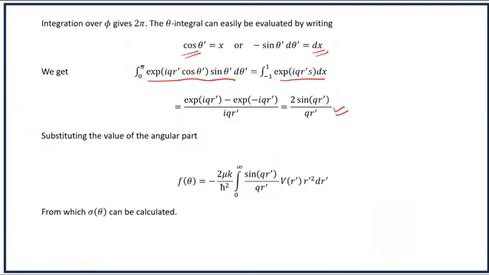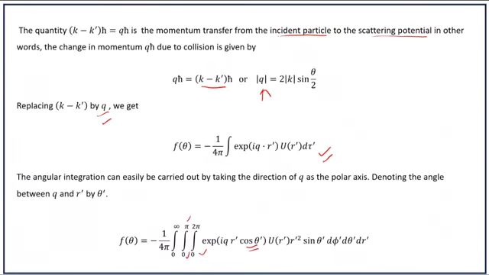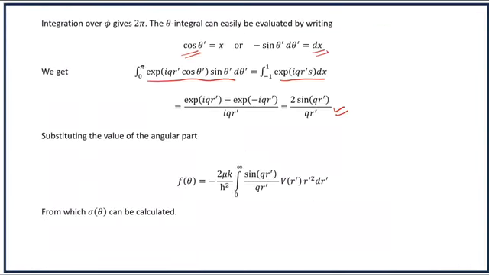Substitute this value in this integral from 0 to pi. So f theta is equal to this term, where you have taken the validity of Born approximation.